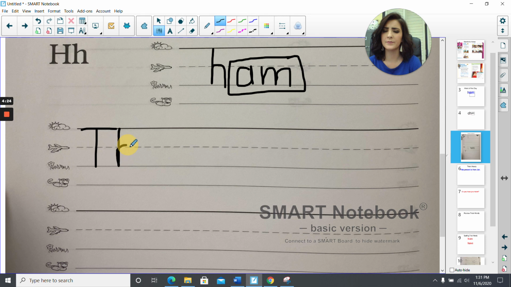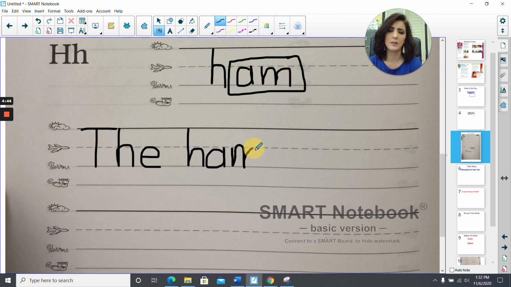The, make sure you're putting your letters on the right lines. The ham, and we'll go back and mark it together. Okay, so we're going to write the sentence first, and then we'll go back and mark it. The ham fell. So this would be a word with a bonus letter from last week.